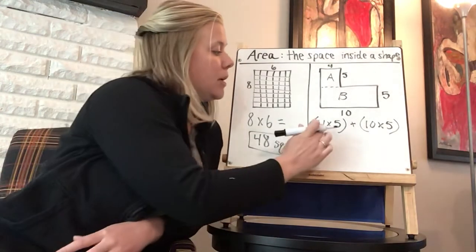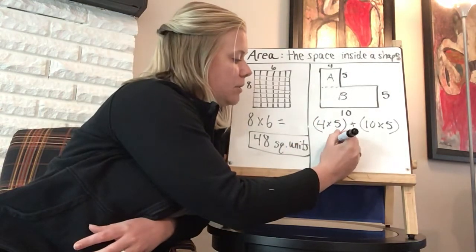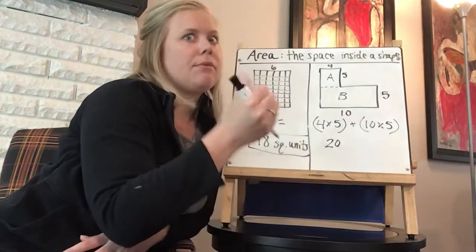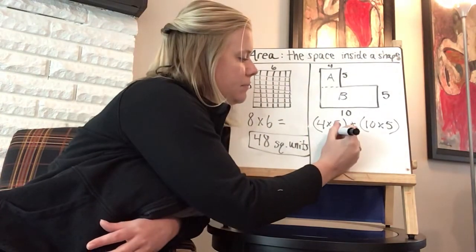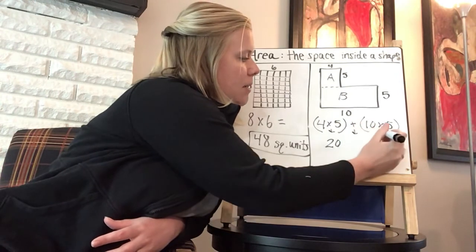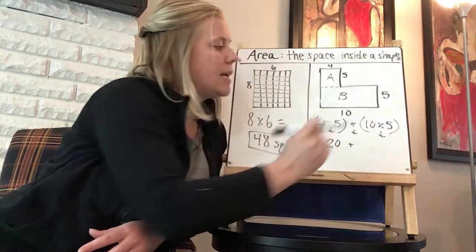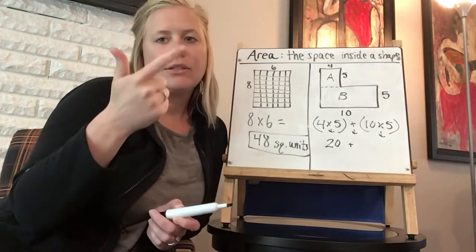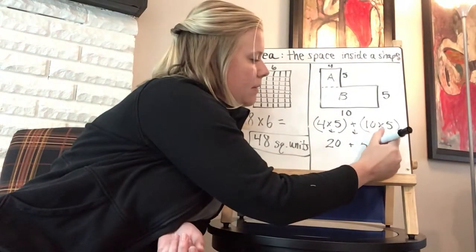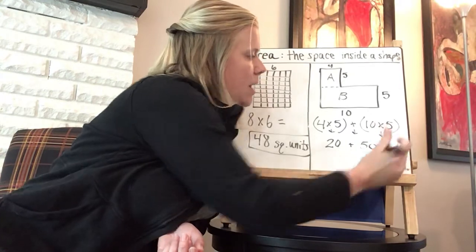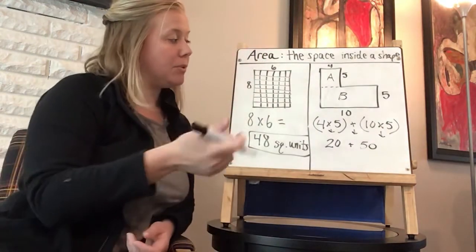composite figure. So 4 times 5 equals 20, and I can say 5, 10, 15, 20, right? Plus 10 times 5. 10, 20, 30, 40, 50. I know sometimes we like to even label in here.